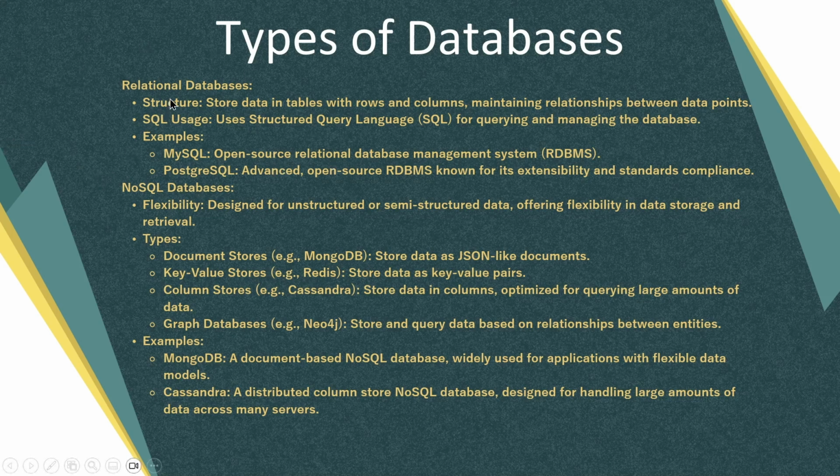So this relation is referred to as table in the English language. So it stores data in tables with rows and columns, maintaining relationships between data points, right? When it comes to relational, you can blindly keep in mind that okay, tables are involved in this. So it's broadly classified as tables and non-tables, okay.